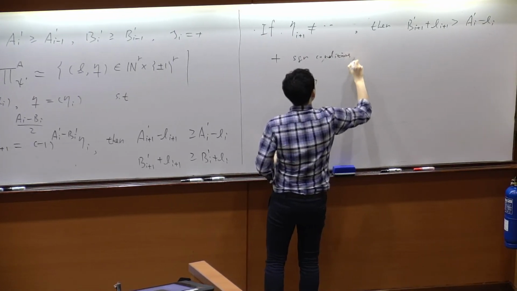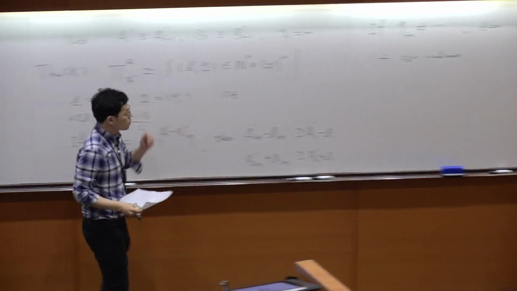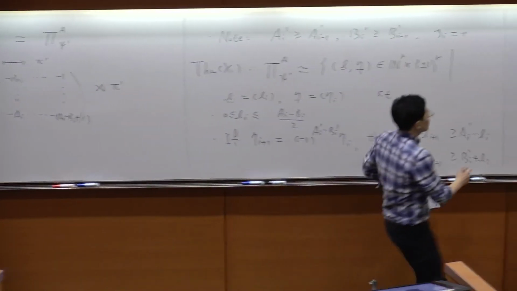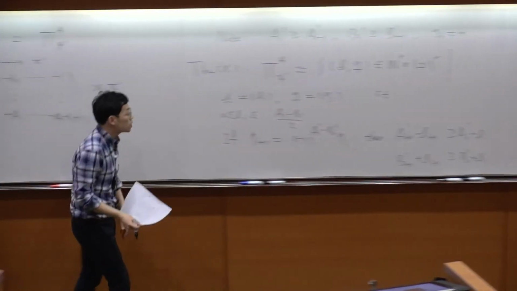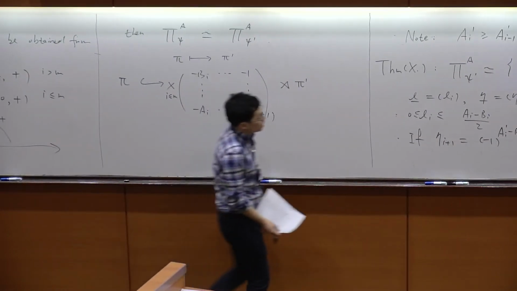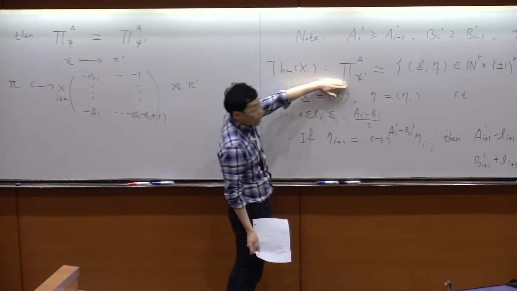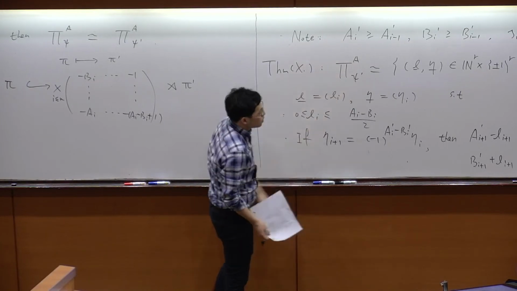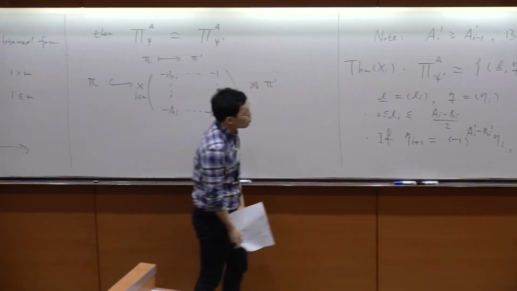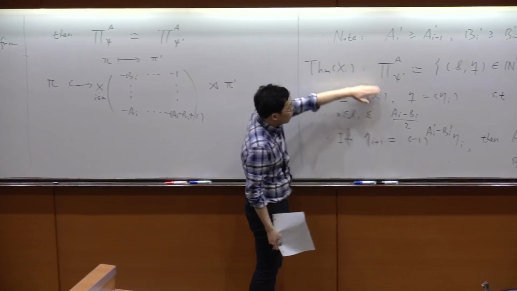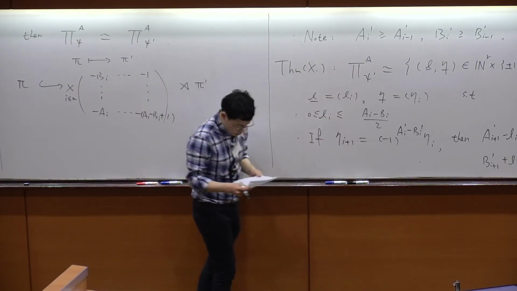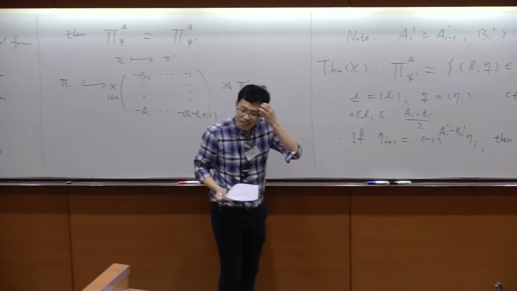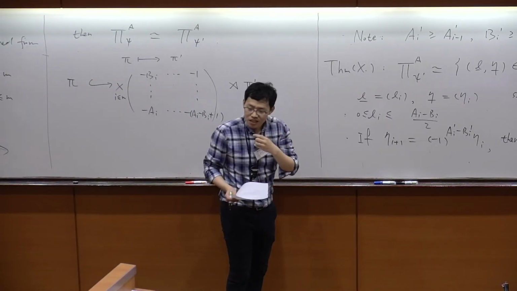So that's the condition. From this part, at least you can tell how many elements are in this packet. But moreover, we would like to describe explicitly what these representations are. So how much time do I have? 13? Okay.